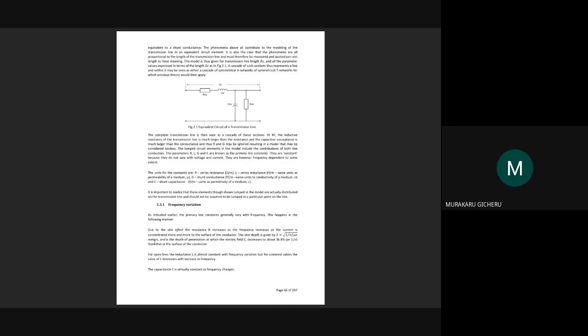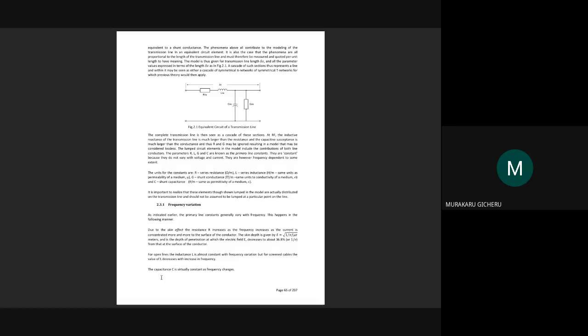The skin depth is given by delta equals 1 over the root of pi f mu sigma, and it's the depth of penetration at which the electric field decreases to about 36.8%, which is 1 over e.